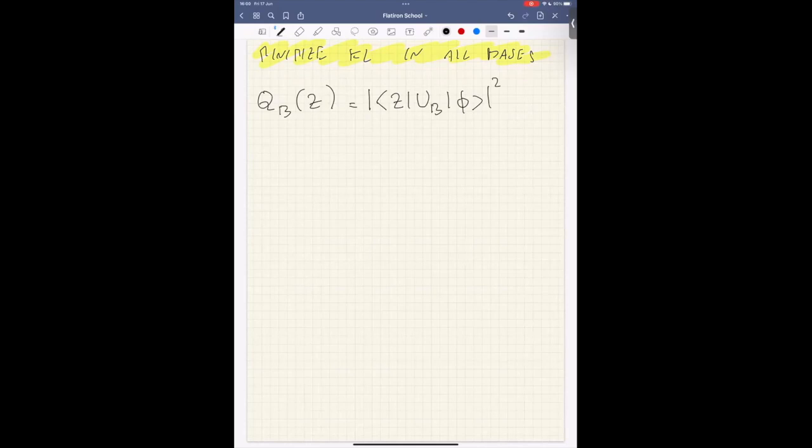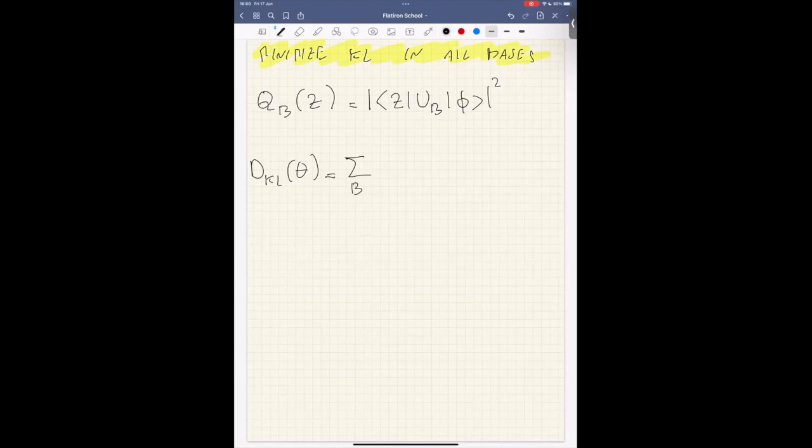Theoretically, these are the Q_Bs that you don't have access to directly, but only through experiments. But then you can define once more a KL divergence that will depend, of course, on the parameters of your model, just by summing not only over the Z, but also over the basis.